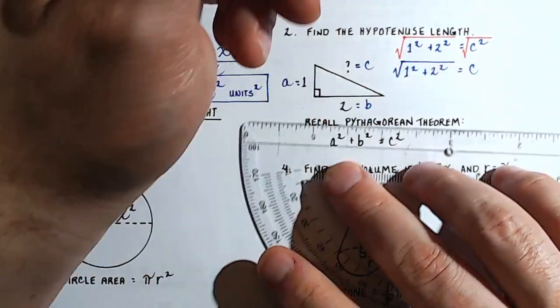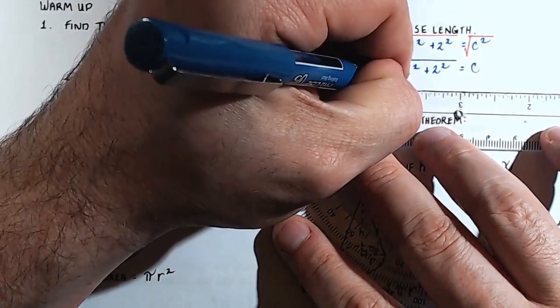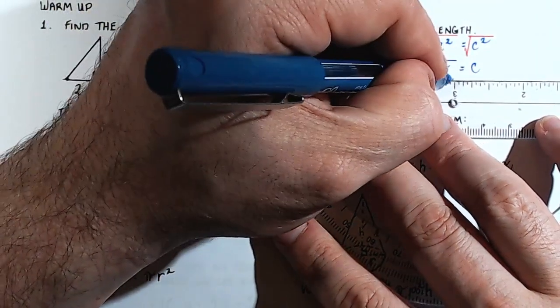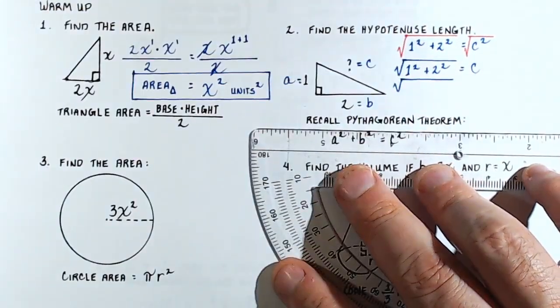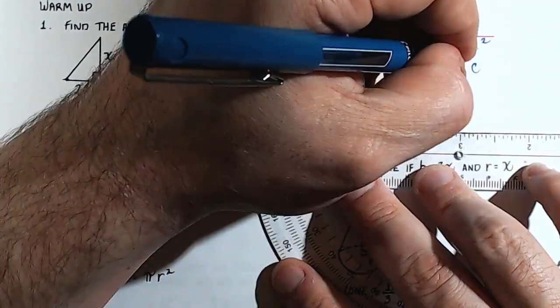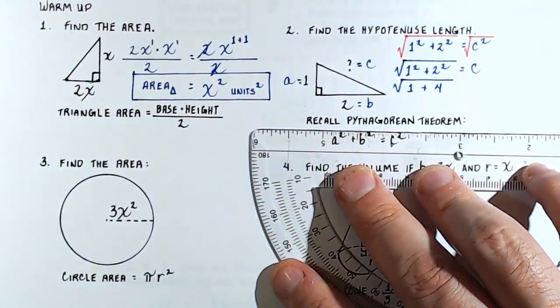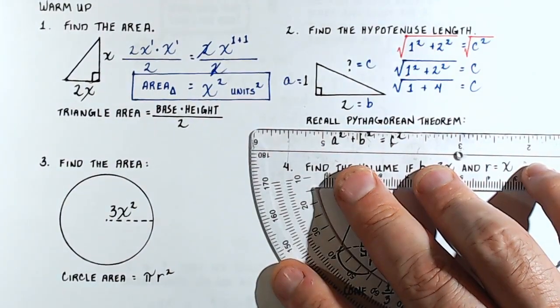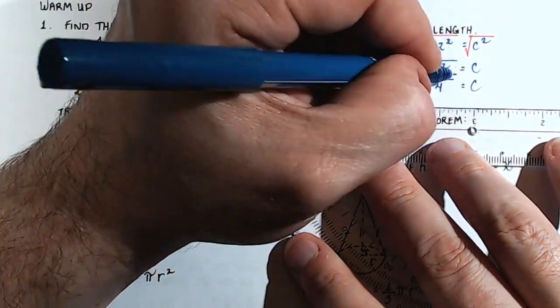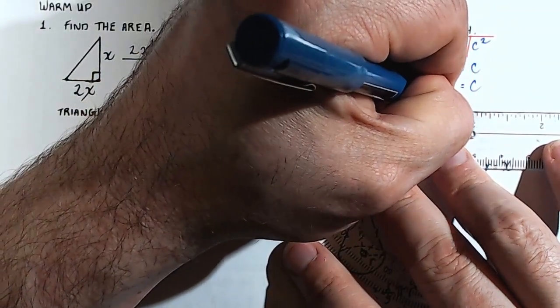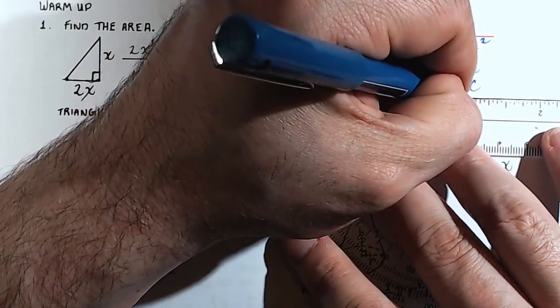So I've got the square root of 1 plus 4, and that's equal to c. 1 plus 4 is 5, so c is the square root of 5.